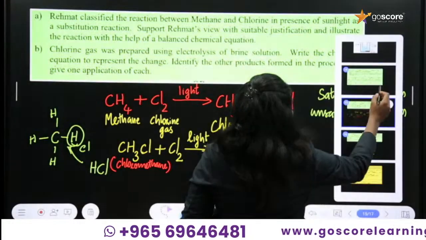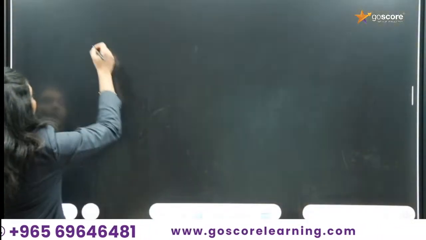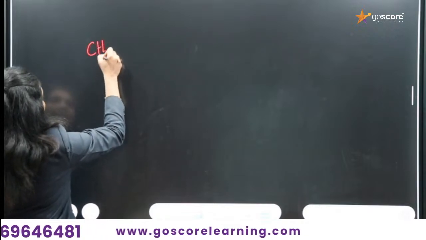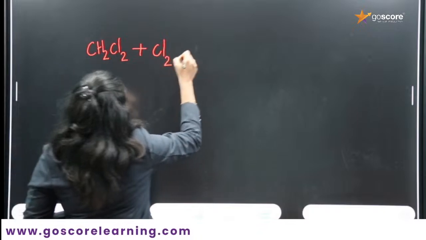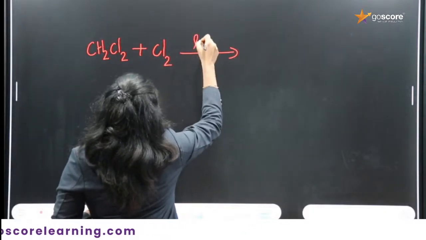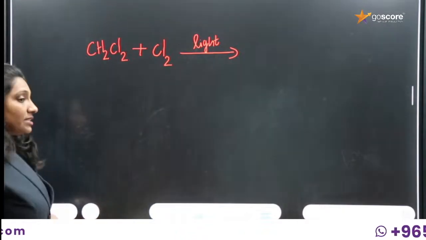You will be getting dichloromethane. And this dichloromethane, CH2Cl2, upon treating with chlorine by passing excess of chlorine in presence of light, what will you get?